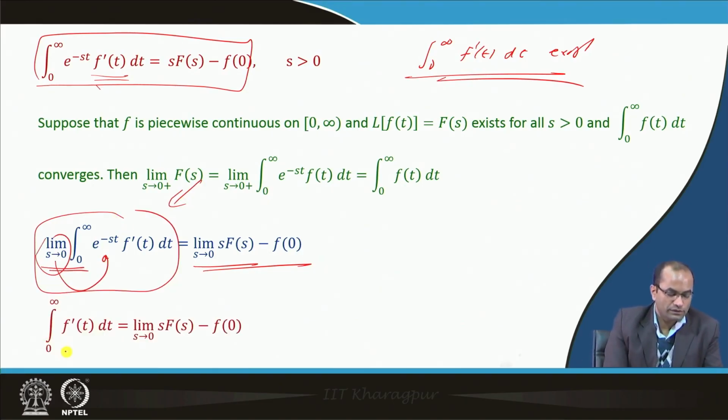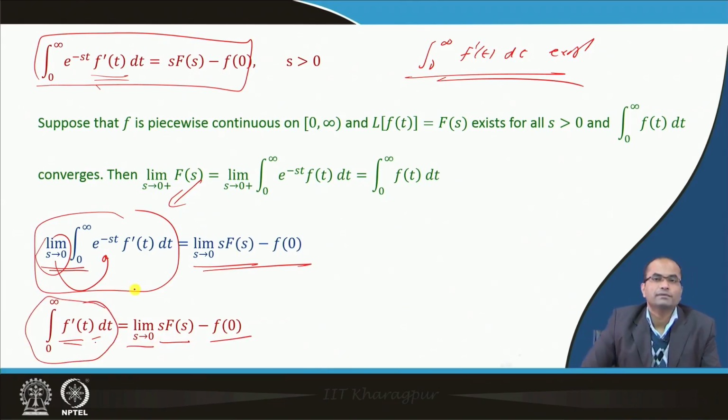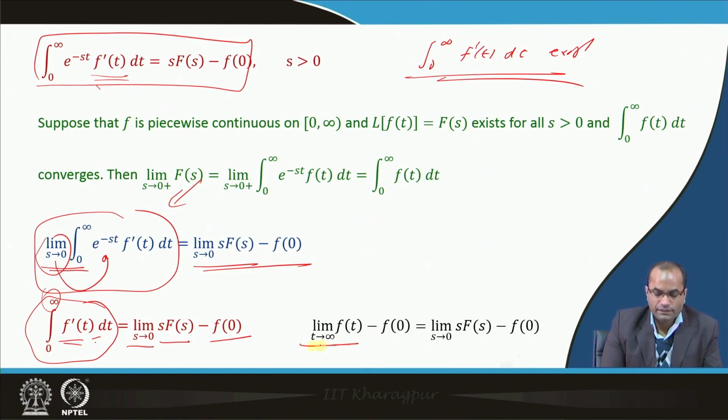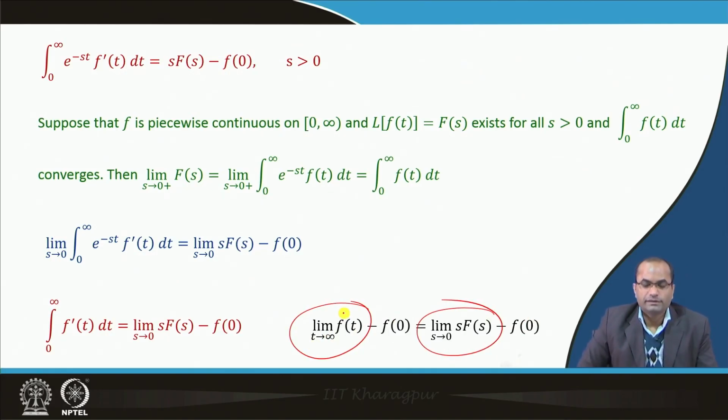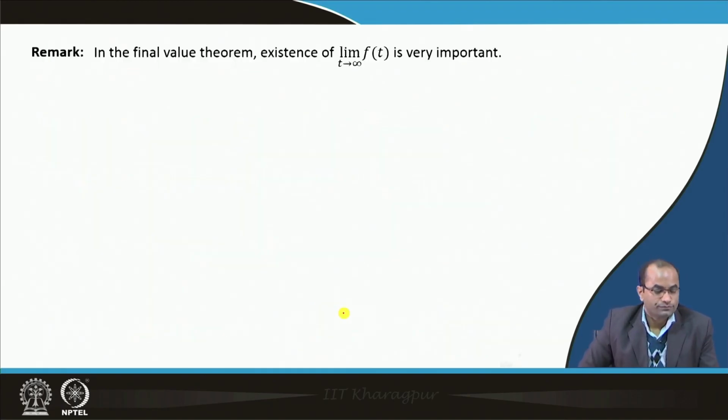That means we have the integral of f prime(t) dt from 0 to infinity. The result is the limit as s goes to 0 of s F(s) minus f(0), and on the other side, the integral of f prime is f, so f(t) as t goes to infinity minus f(0) again. The f(0) will cancel out, and we get exactly the result that the limit of f(t) as t approaches infinity is equal to the limit of s F(s) as s goes to 0.